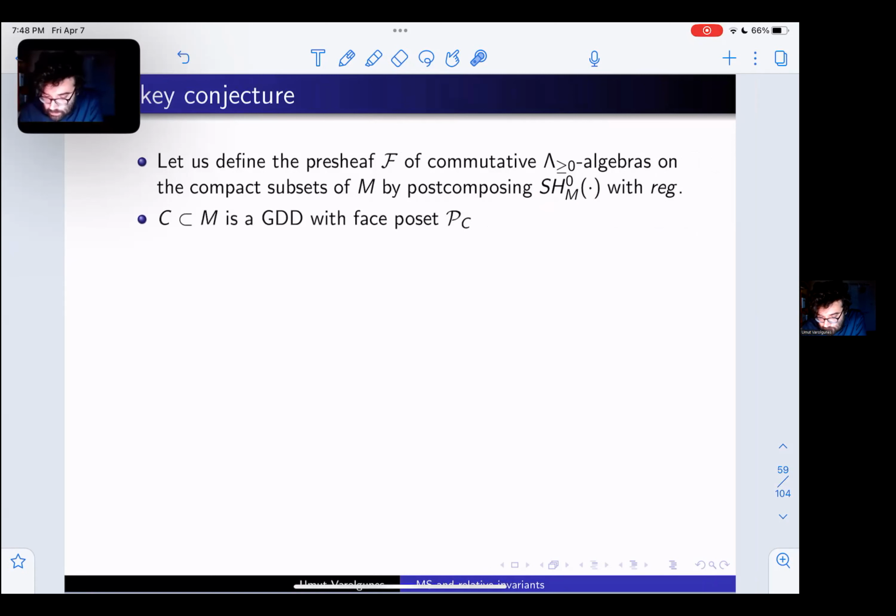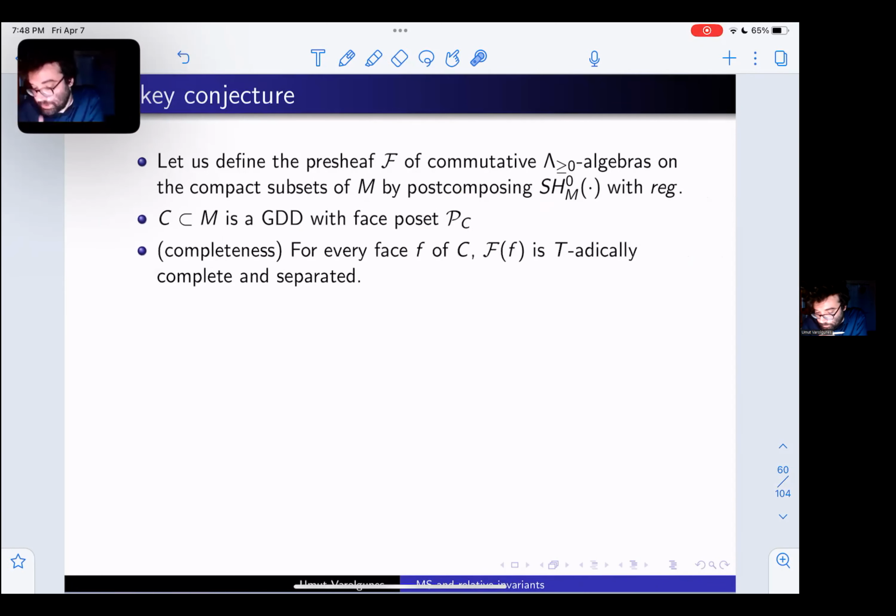Okay, so then let's take a generalized Delzant domain with face poset. So I have this poset of faces of this generalized Delzant domain that I'm going to consider as subsets of M, and I will look at their relative symplectic cohomology. My first part of the key conjecture is that these cohomology algebras are actually theta-adically complete and separated.